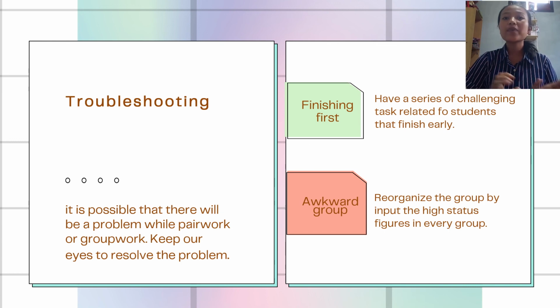We can separate best friends for pair work. We can put all the high status figures in one group so that students in other groups don't have to defer to them. We can stream groups or reorganize them in other ways so that all group members get the most from the activity.